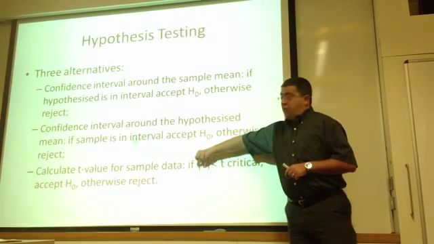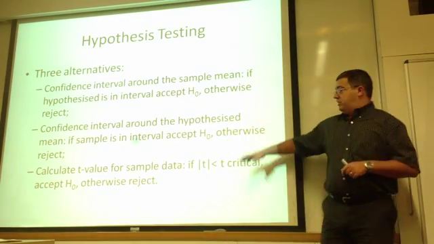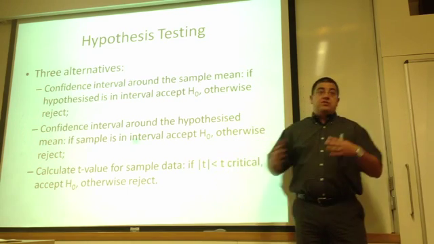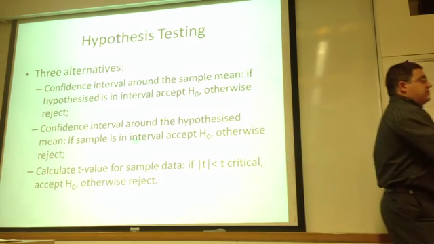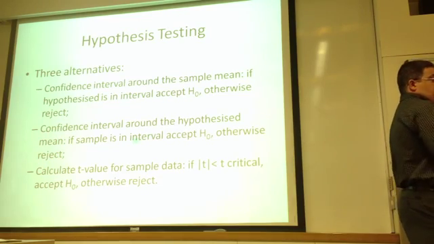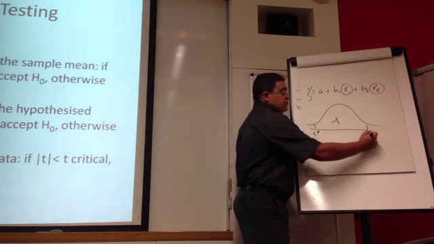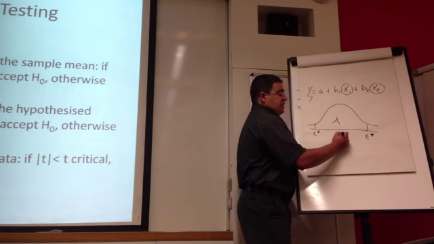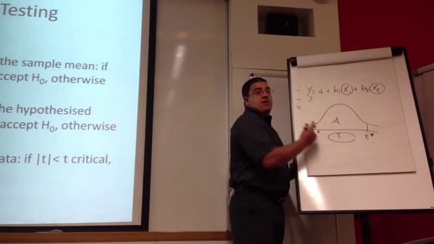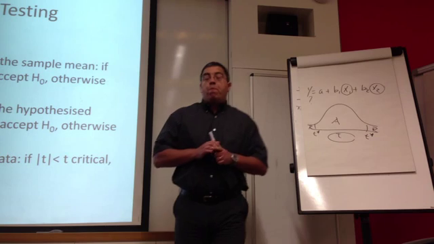If the t-value is below the t-critical in absolute terms, then it is within. If you recall, when you do hypothesis testing, there will be a range. This is the acceptance area. That will be the t-critical. So if the t is somewhere around here, you accept. Otherwise, here or here, you reject.